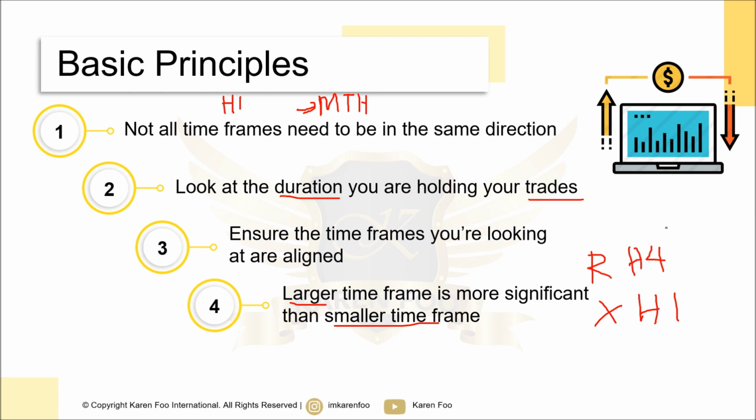No, because the fact that there's a resistance in H4 might actually cause H1 to act on the resistance, even though in H1 there's no resistance. Understand what I'm saying? But on the other hand, if in H4 there's no resistance, but in H1 there's a resistance, will it cause price to bounce off in H4?